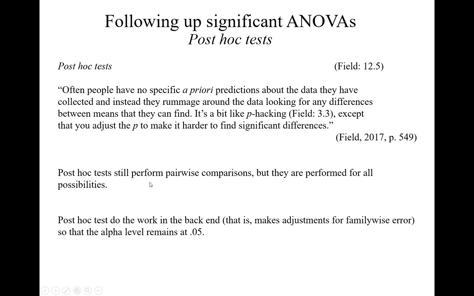So post hoc tests will perform pairwise comparisons, but they are performed on all possibilities. In order to find where the differences lie, there's a number of comparisons between all possible pairs, but SPSS makes adjustments for you. So post hoc tests do the work in the back end. They make adjustments for familywise error, so that the alpha level remains at 0.05.